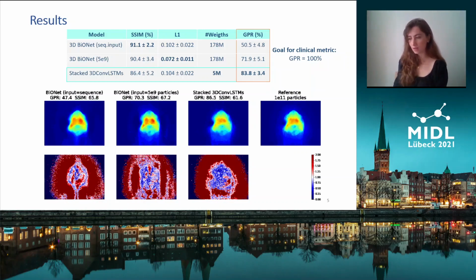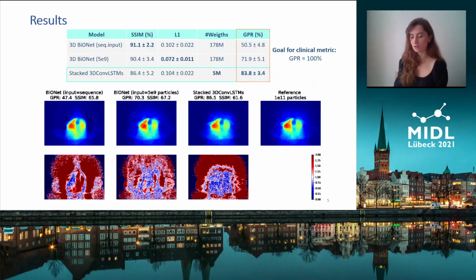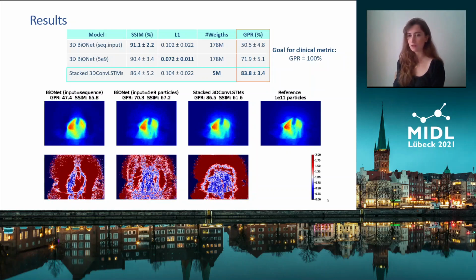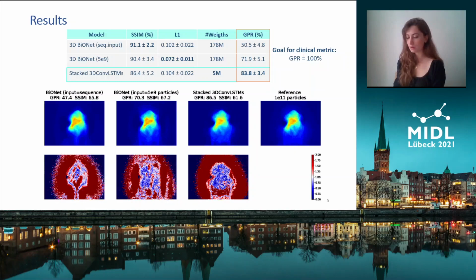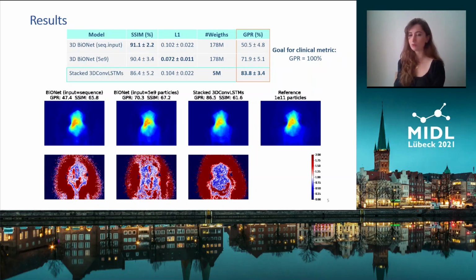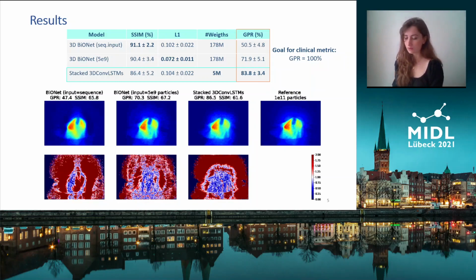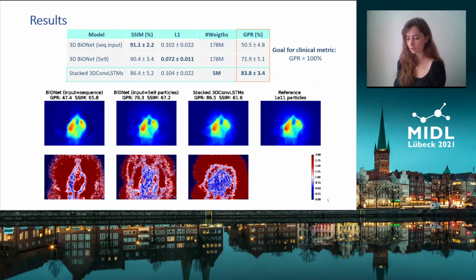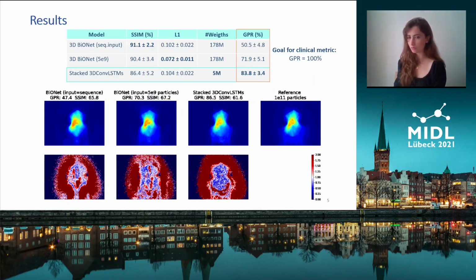So the gamma index passing rate indicates the percentage of voxels in which the dose matches the reference dose. So for a better understanding, you can look at the GIF. The GIF displays on the first row the outputs of the different models and compares them to the reference dose.